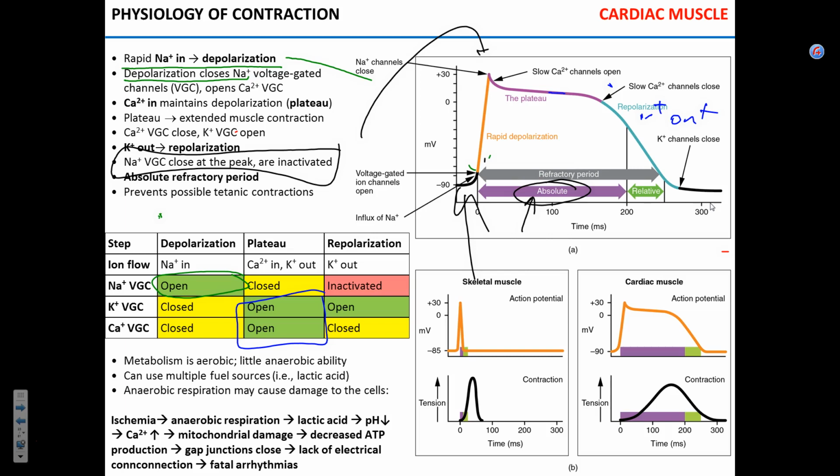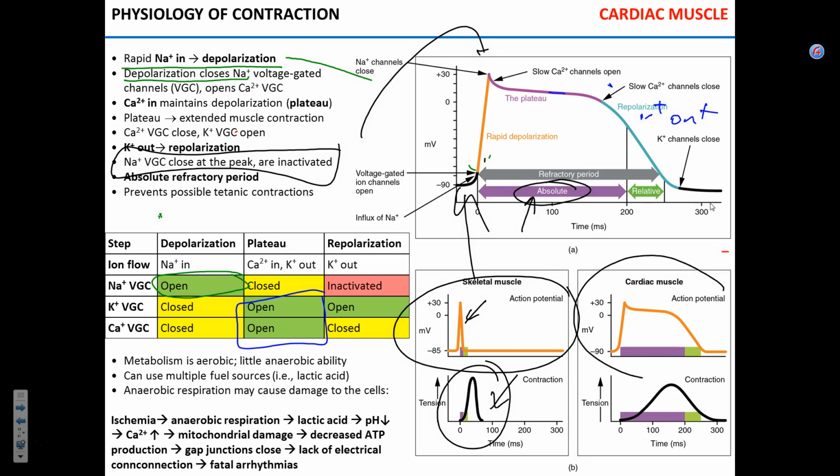Now, let's compare skeletal and cardiac. Now, this is a typical action potential for skeletal muscle. It's pretty short. Okay, which means stimulation goes really fast, contraction is really fast. Skeletal muscle contraction is fast. And the muscle is ready to contract again.